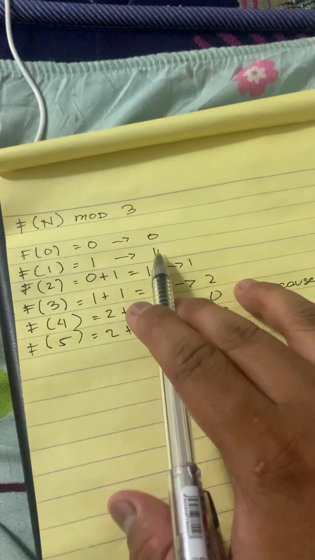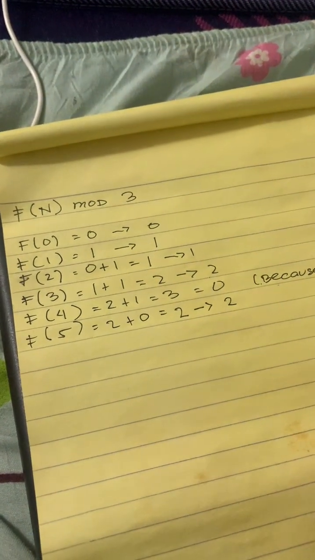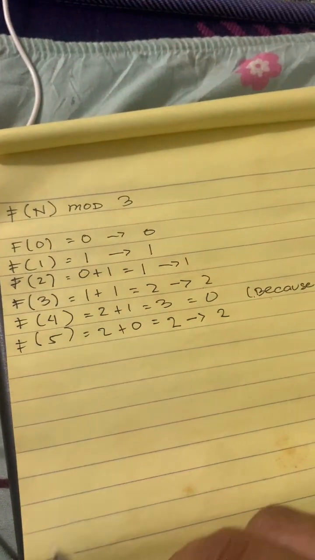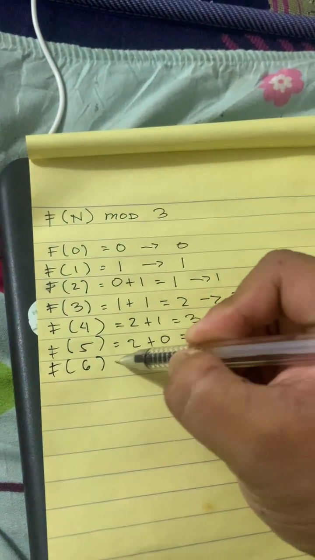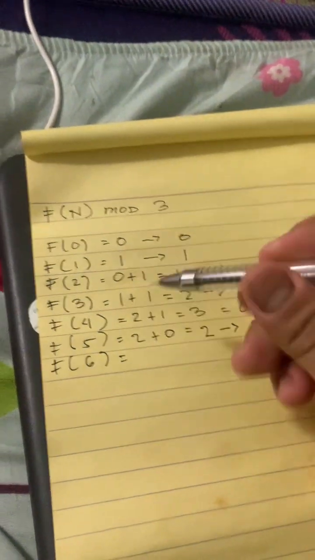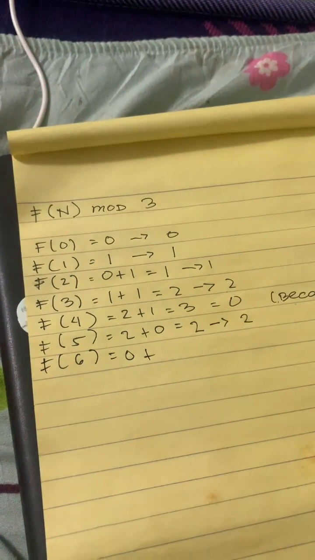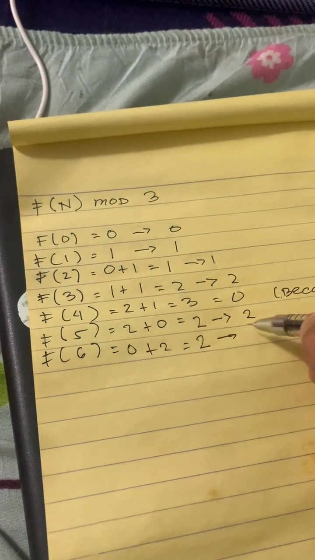So as you notice, 0, 1, 1, 2, 0, and then 2. Then if we continue, F sub 6 is equal to the last two digits, 0 plus 2, which is equal to 2. And for the sequence, this is 2.